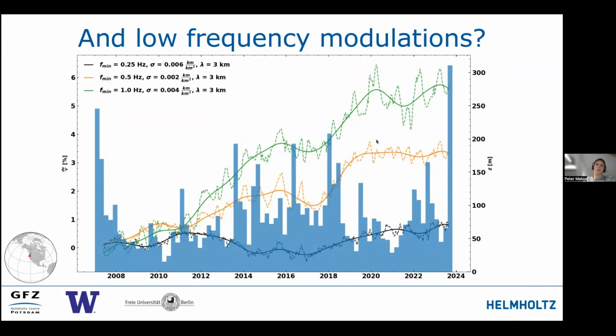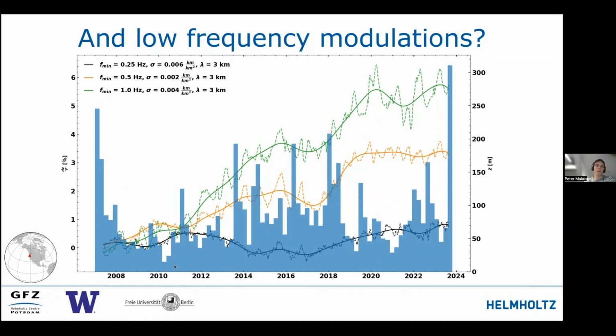This is low frequency, intermediate frequency, high frequency. And then I figured that, well, we have the pore pressure changes maybe accounted for with these short-term changes, with this short period change.